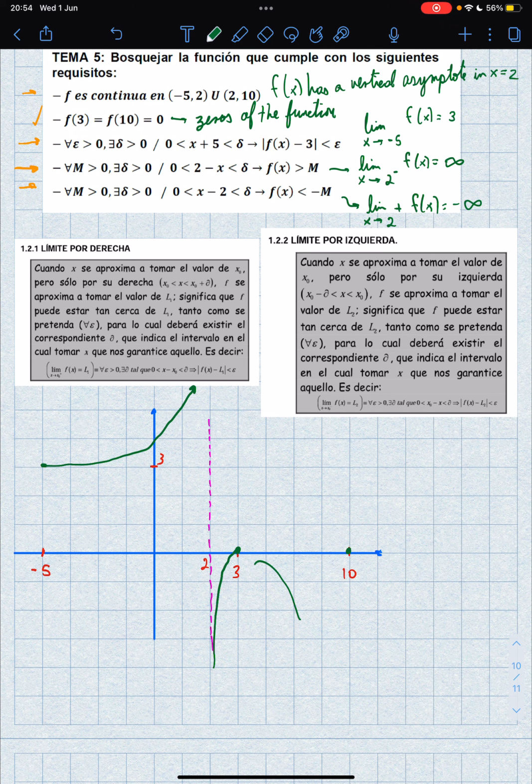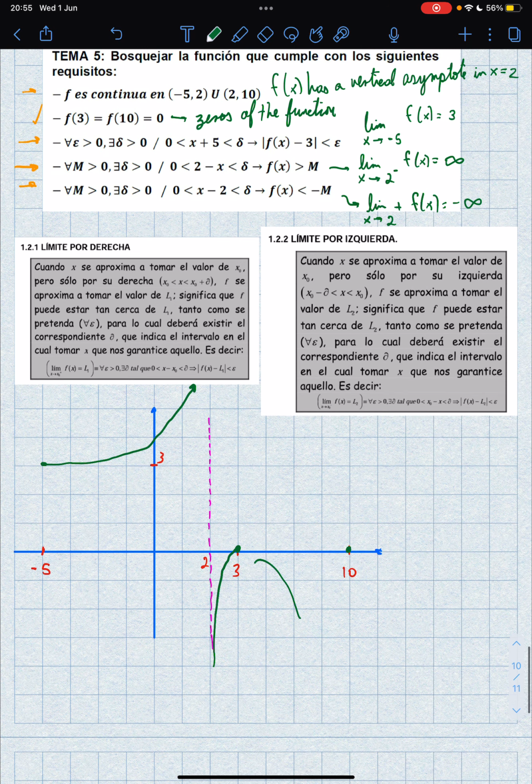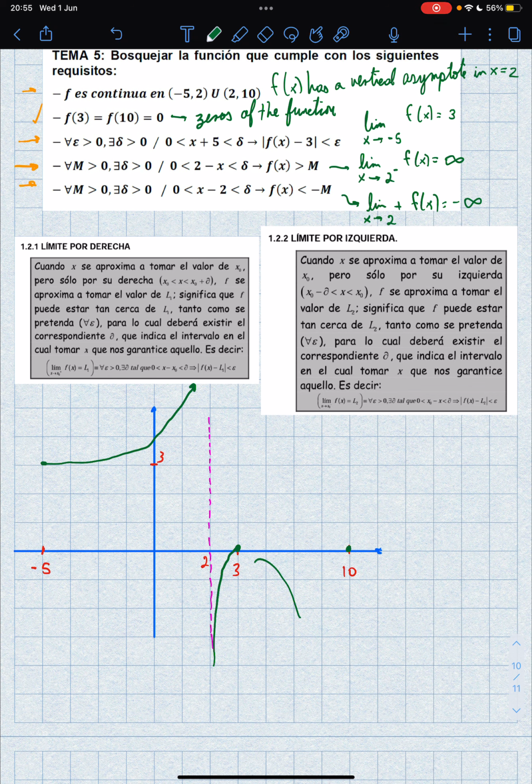Remember that to be a function, each x value needs to have only one y value, because if you go that way, then it's a problem. So no, you need to go this way.